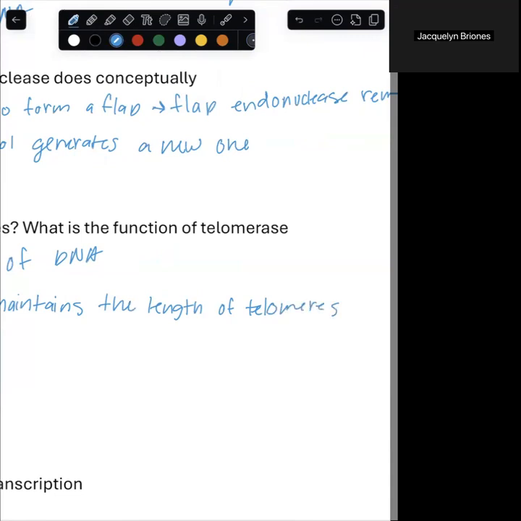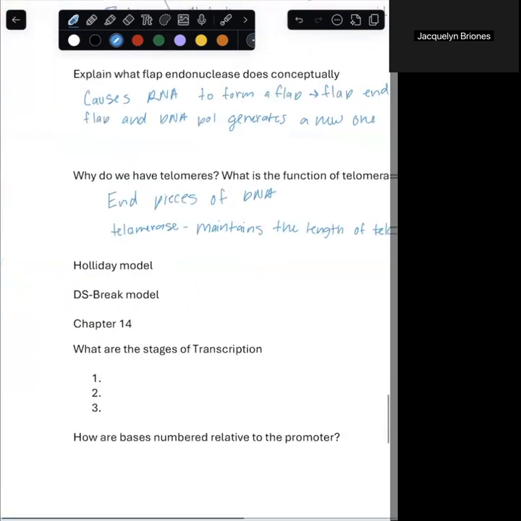So we can keep having that extra length at the end, so we're not losing any DNA that we shouldn't be. Okay, Holliday model.